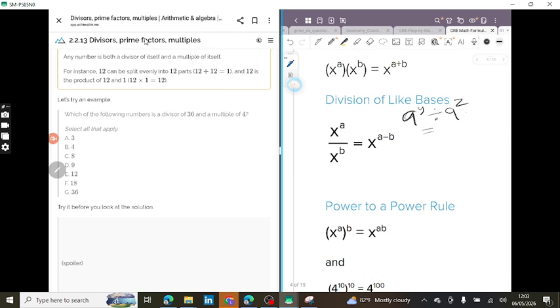A raised to the power y minus z. A raised to the power 3 divided by a raised to the power 2 is equal to a raised to the power 1. But we also know that a raised to the power 3 divided by a raised to the power 3 is also equal to 1. Do you agree?